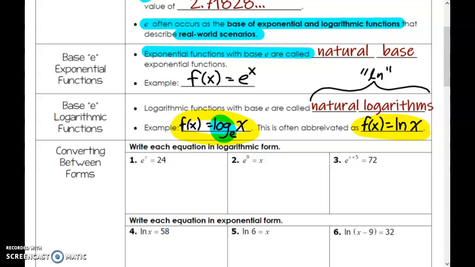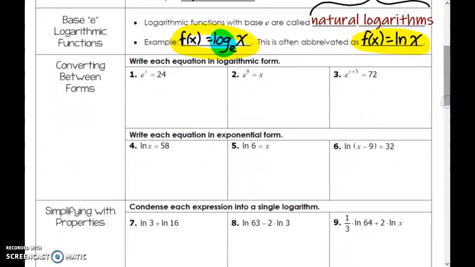All right, so if we want to convert between these two forms, we're going to write each of these equations with E as a logarithm. So here in number 1, we have e to the x power equal 24.